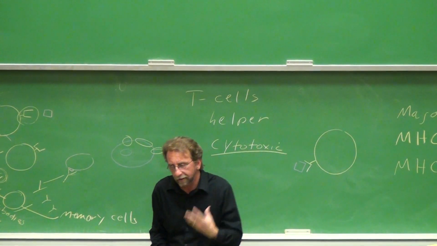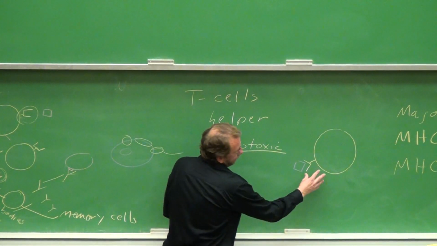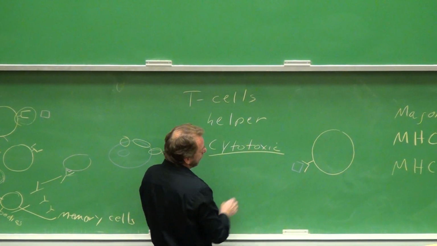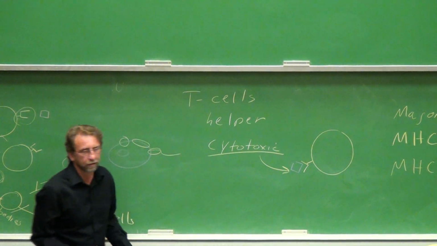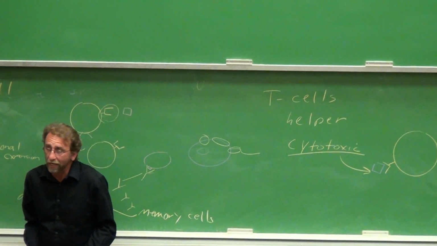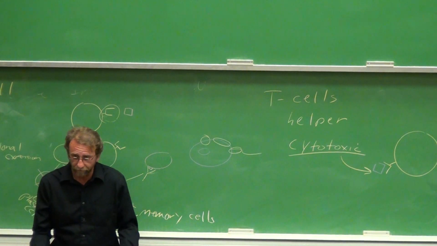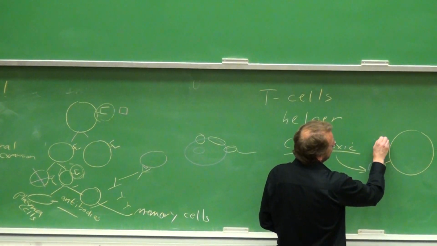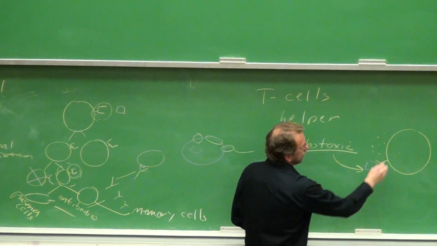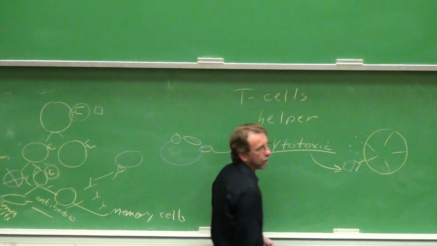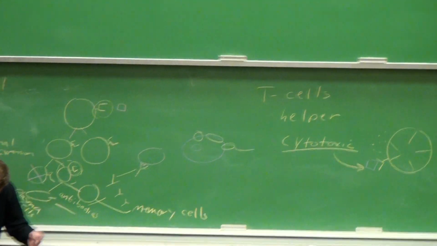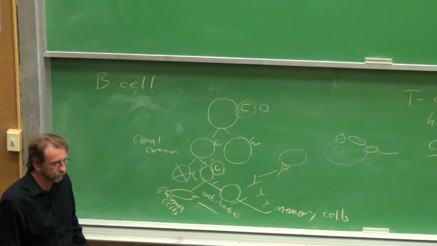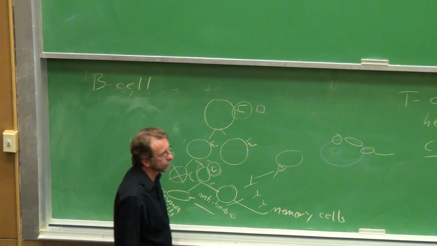So if a cytotoxic T cell comes along and finds a body cell that is presenting something that the cytotoxic T cell happens to recognize as bacterial or viral or abnormal, it can release cytokines that target the cell and cause the cell to undergo apoptosis, death by destroying itself.